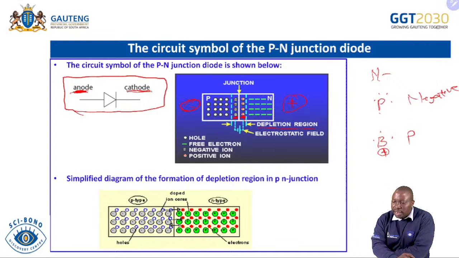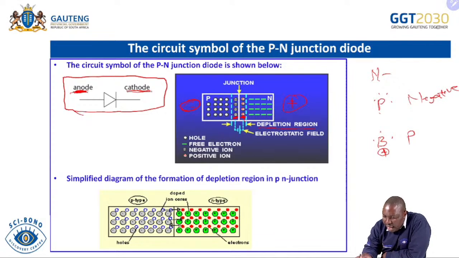Now we try to further simplify the diagram of the formation of depletion region in a PN junction. So you can see now we show what is really happening here. We're having the P type which had holes, and on the N type we said we're having electrons, which we indicated in that region.